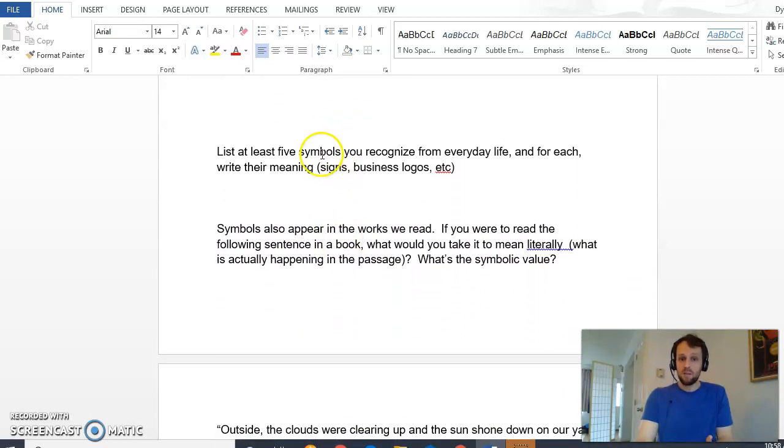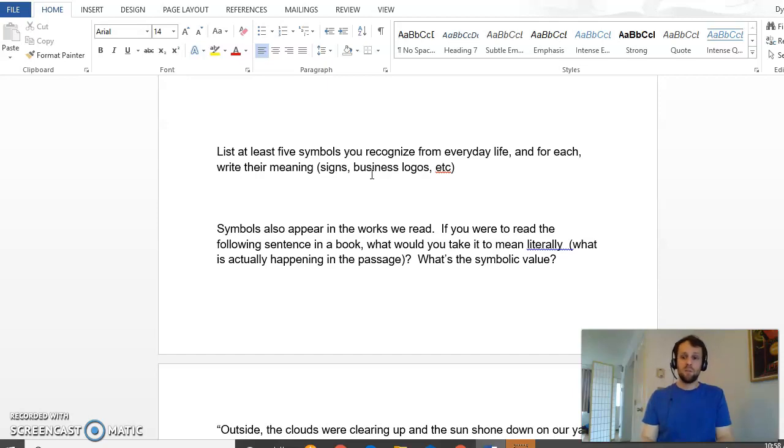Can you list 5 symbols that you recognize in everyday life? Business logos, symbols that appear on uniforms, like a police uniform or an EMT, a medic's uniform. The arrows that you see just walking around.